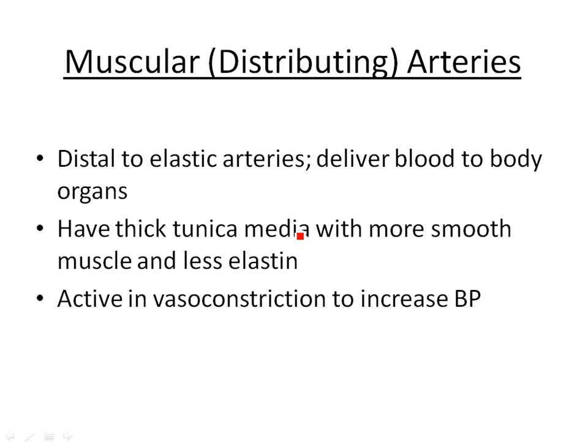They're not going to have as much elastin because they're not under quite as much pressure as the vessels near the heart, but they do need more muscle because you're going to have a lot of contraction and expansion going on, since these are very active in the vasoconstriction process. So when you need to raise the blood pressure in your body, say some guy comes to the door with a machine gun, I'm going to want to get my blood pressure up and be ready for fight or flight.